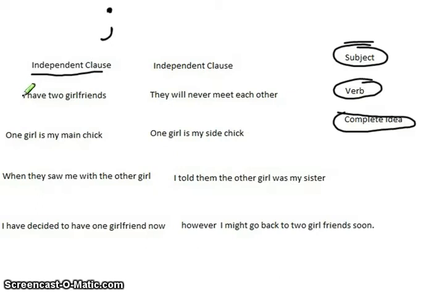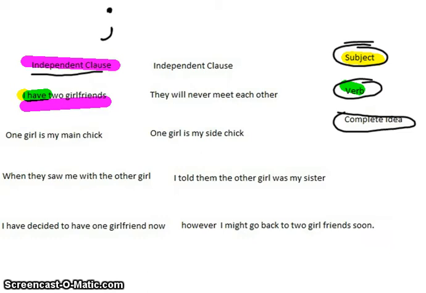The first thing that it says is I. There's my subject. My verb, have, right there is my verb. And then this whole thing gives me that complete idea. I have two girlfriends. I know exactly what you're saying. It has my subject, my verb, and it gives me that full idea. That means that it's going to be an independent clause.